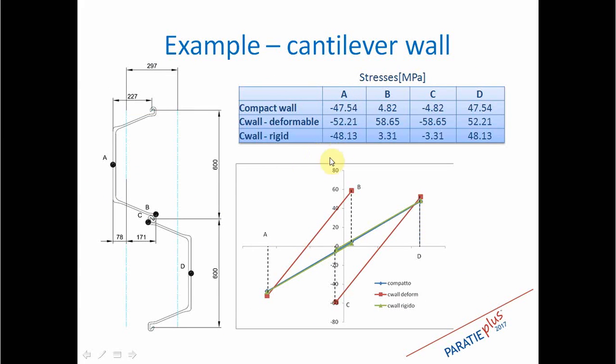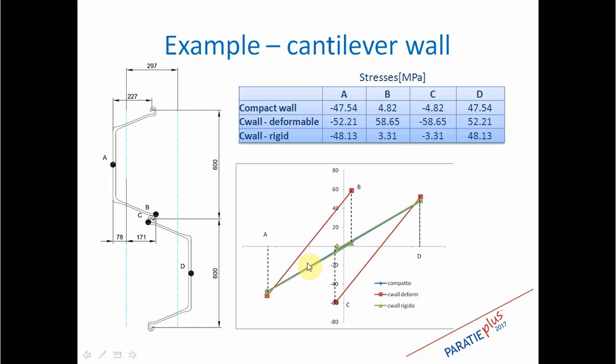Again, here we can see how we calculate the stresses internal to the elements, and we can see that depending on the assumption of the joint, we may have a fully compact behavior, so the stresses along the overall cross section are essentially linear.